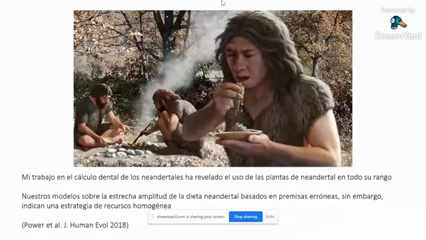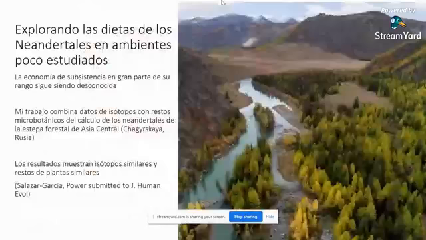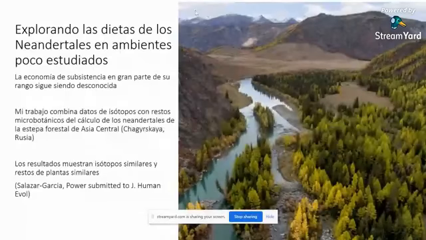So the interesting thing about this work, which has continued since the publication and the completion of my PhD, is that I've continued to look at less studied environments. Fairly recently, it was realized that Neanderthals have a much broader range than people once thought.